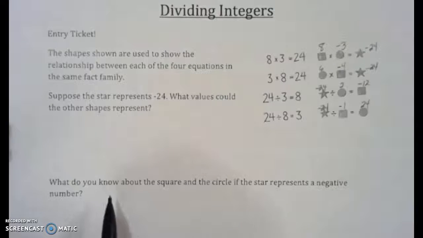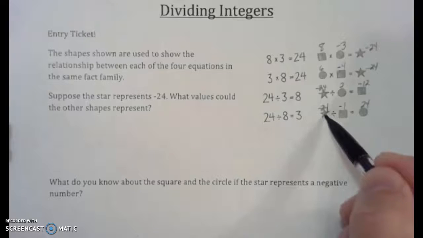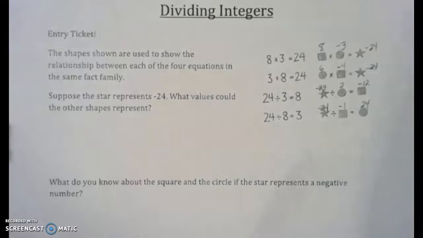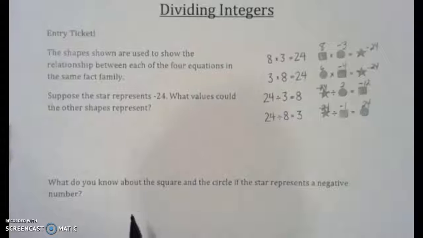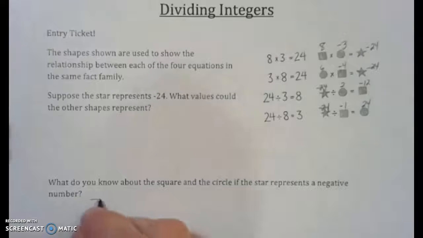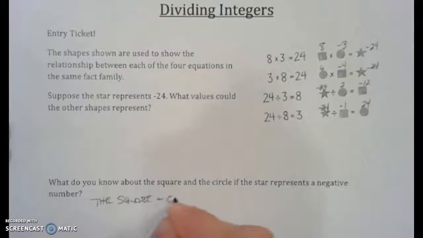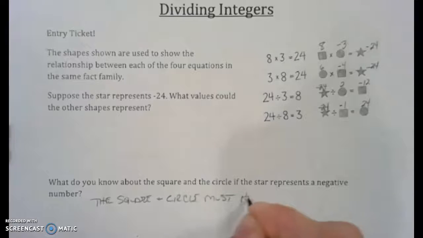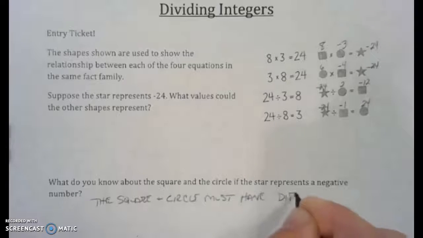Now, what do you know about the square and the circle if the star represents a negative number? Okay, so if the star is a negative number, well then that means that the square and the circle must have different signs.